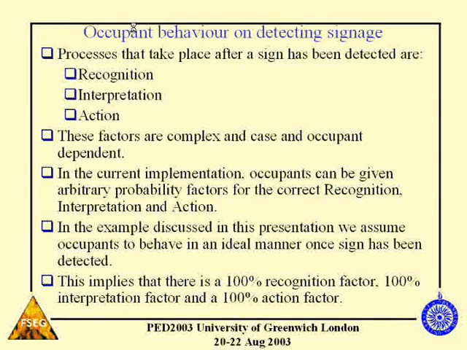But at the moment, in the software, we don't have enough data to put firm numbers on this. It's a number that the engineer can dial up. You can say that, for example, you'll have 100% interpretation, recognition, and so on, or you've got 5% interpretation, recognition, and so on. But in the calculations I'm going to show you here, we're looking at it very optimistically, and we're saying you've got 100% chance of picking up the sign.